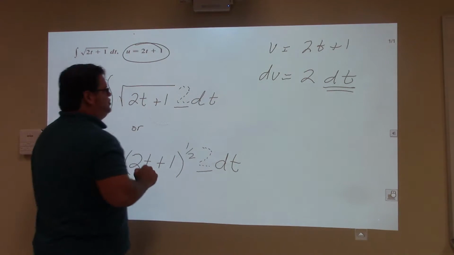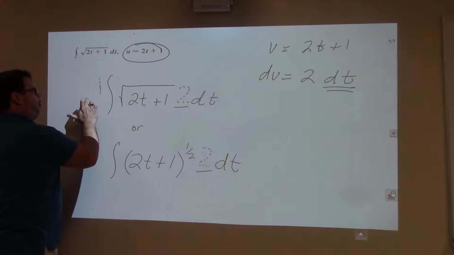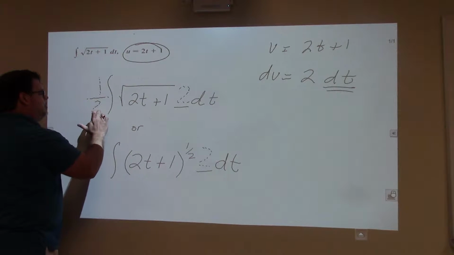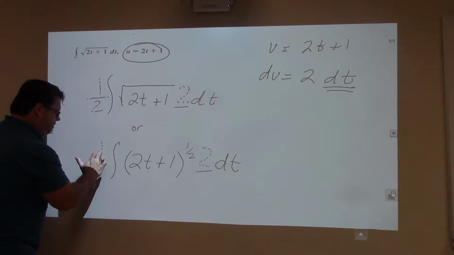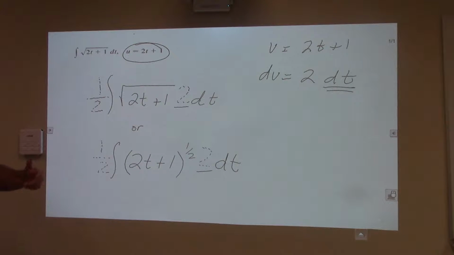And if we add a 2, mathematically we have to add a 1/2 out front. Why? Because 1/2 times 2 is what? 1, and 1 times anything is itself. So you're not changing it mathematically. You're just getting it in the form it needs to be in order for you to take the antiderivative.